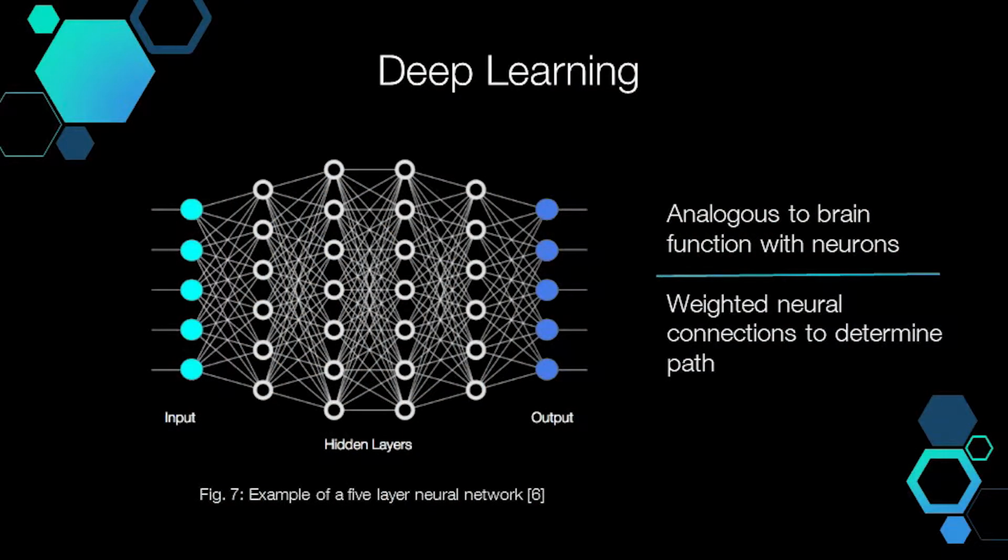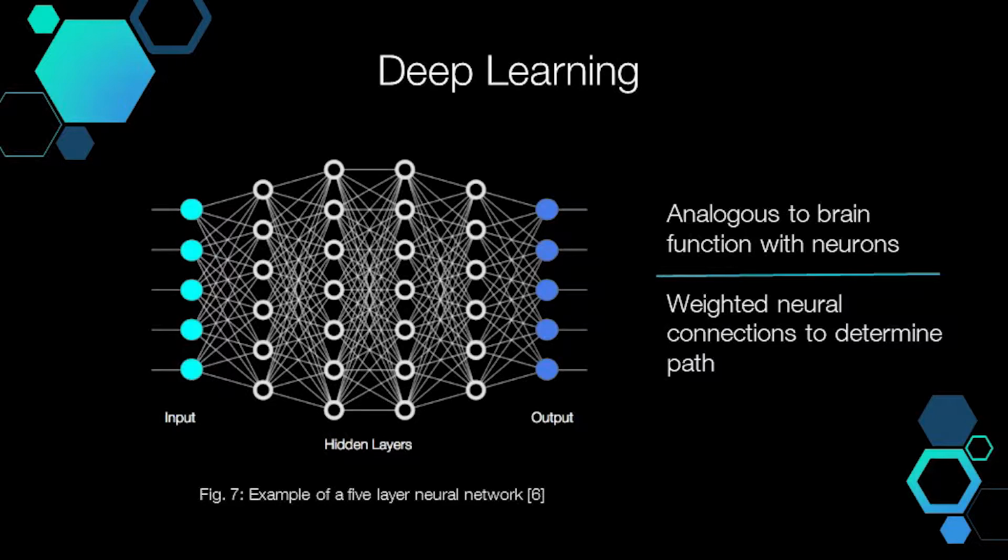Another component is deep learning, and deep learning is a subset of algorithms underneath machine learning. The primary algorithm that deep learning uses is neural networks, which function in a similar manner to the brain. So think of each of these components as a neuron. Some of these act as a trigger and send a signal, like an input, while the others would receive that signal and do a corresponding action, like an output.